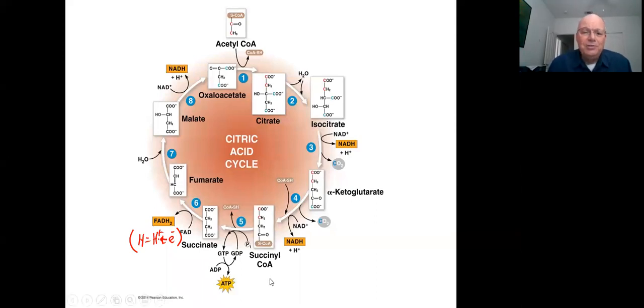Then also notice that, not directly but indirectly, as a product of transferring a phosphate around, we can generate an ATP for every turn of the cycle. So the important thing to remember here is this is per acetyl-CoA. But remember, we get 2 acetyl-CoAs per glucose molecule. Each pyruvate, and we get 2 of those from a glucose molecule, gives an acetyl-CoA, which means per glucose, the cycle goes around twice.